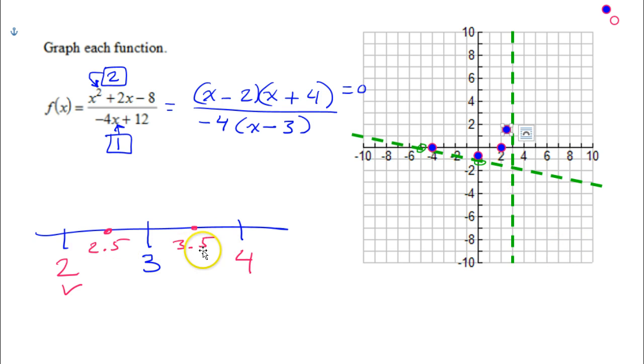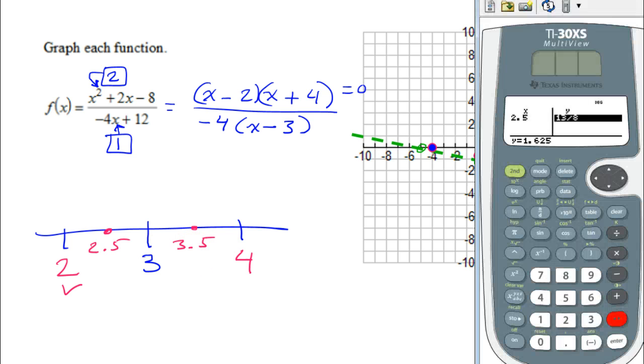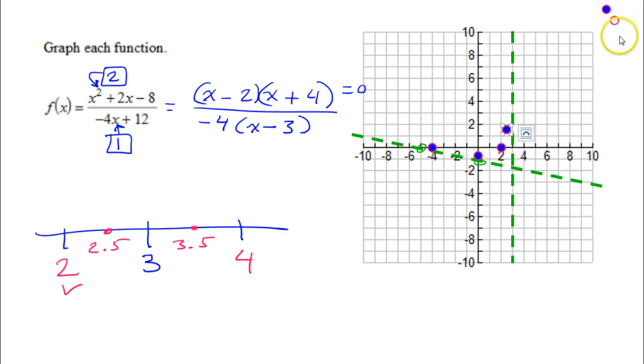Let's move on to 3.5. At 3.5, we're at negative 5.6, so 3.5 and down to negative 5.6 should be right about here.